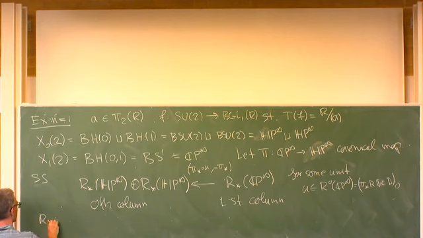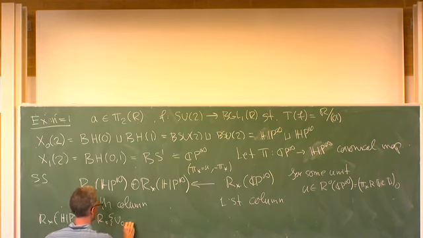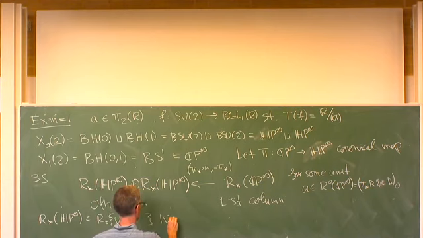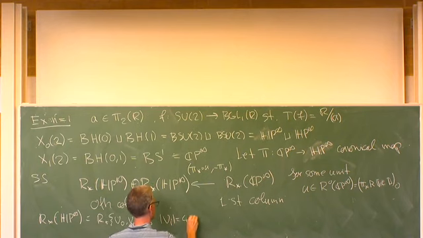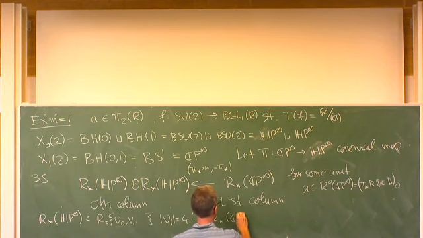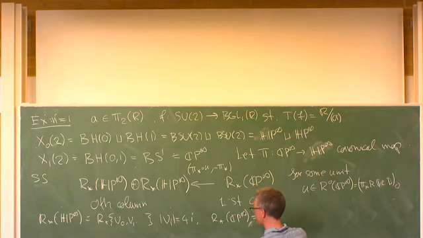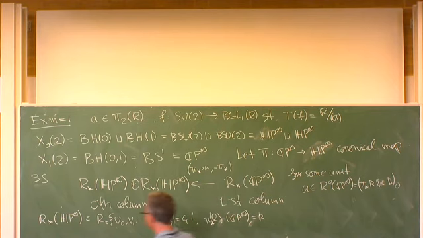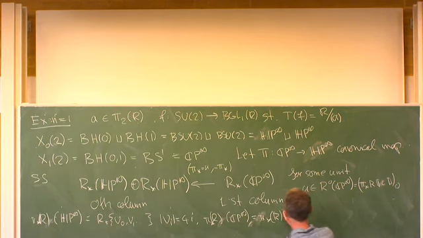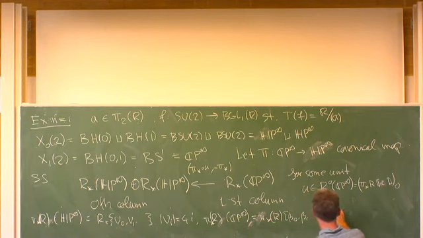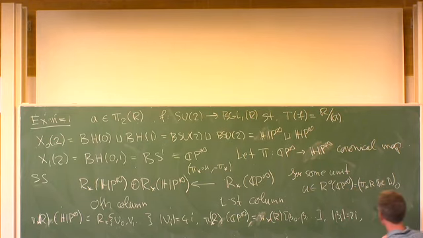R star of HP infinity is the module of generators v0, v1, and so on, I star of R on some classes called beta, where beta i has degree 2i, and the map pi star of beta 2i is equal to v i, and pi star of beta 2i plus 1 is equal to 0.